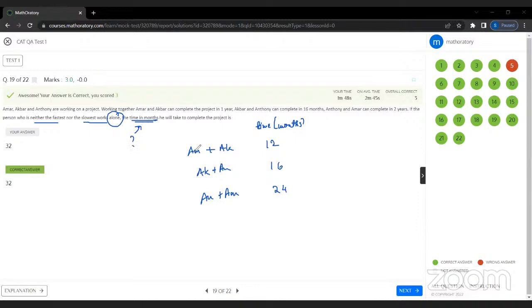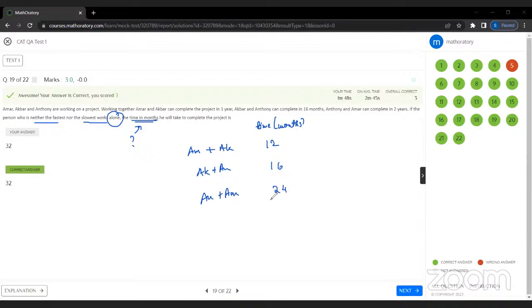So if you notice the times beforehand, Amar and Akbar are the fastest two, right? If you view them in pairs, Amar and Akbar together are the fastest pair. So then Anthony should be the slowest person. So one thing you can straight away say is Anthony is the slowest person.